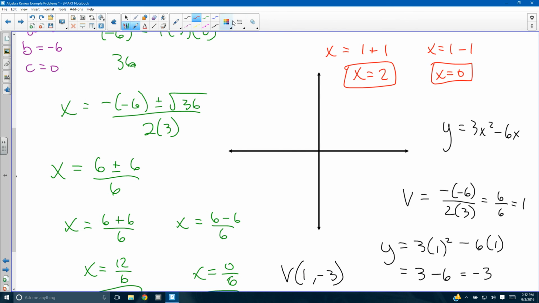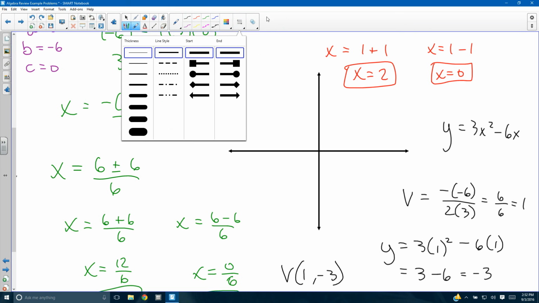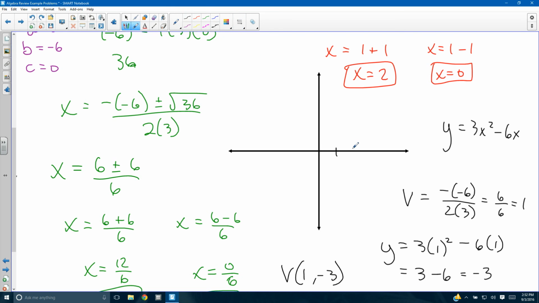So it's right, let's see, let's use black. 1, 2, 3, 4. And then what I'm going to do is I'm going to apply my stretch factor and plot a couple more points. So we're at 1, negative 3. There's the vertex.